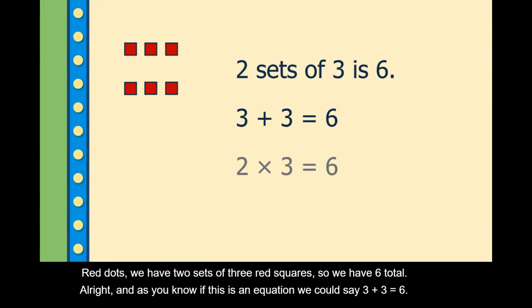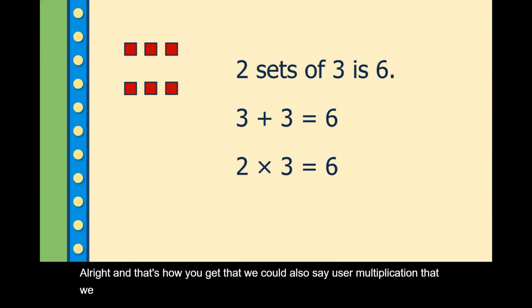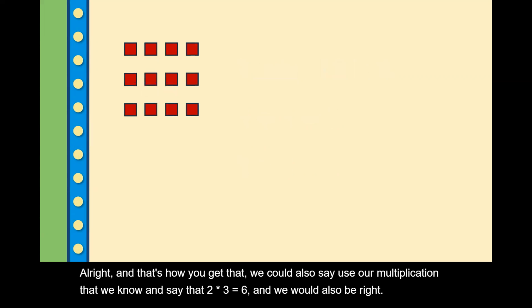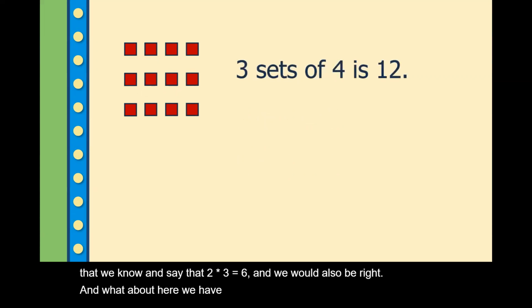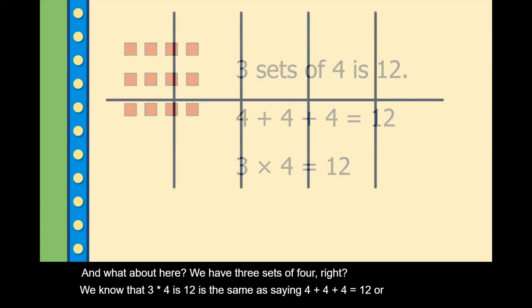That's how you get that. We could also use our multiplication that we know and say that 2 times 3 equals 6, and we would also be right. Now, what about here? We have 3 sets of 4, right? We know that 3 times 4 is 12. It's the same as saying 4 plus 4 plus 4 equals 12, or 3 times 4 is 12.